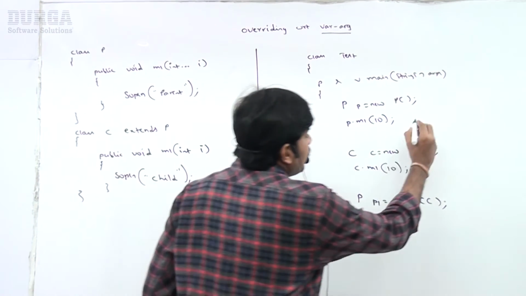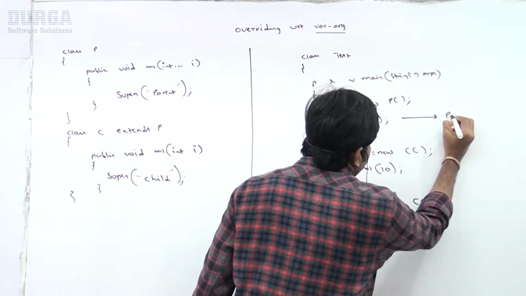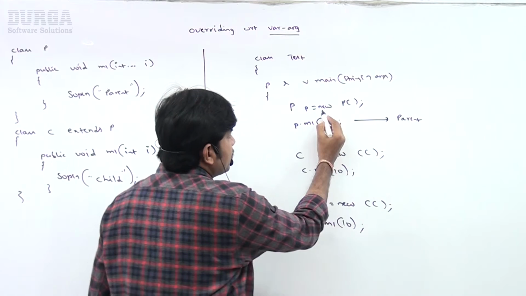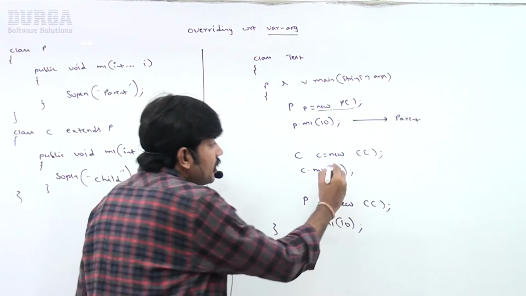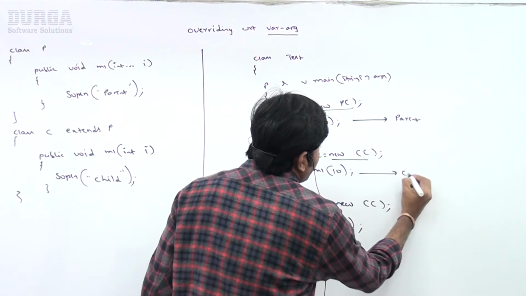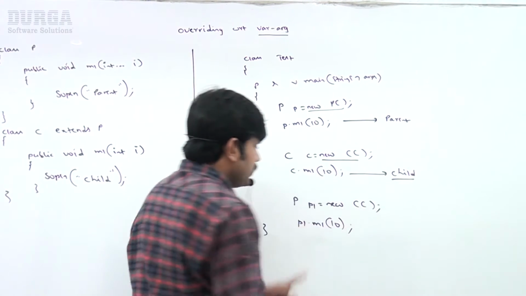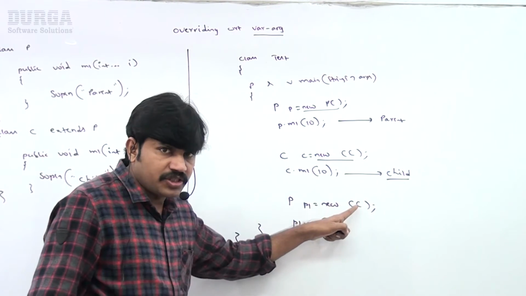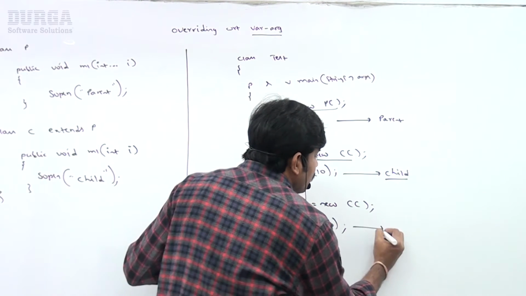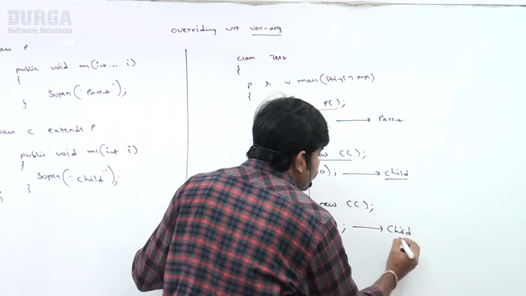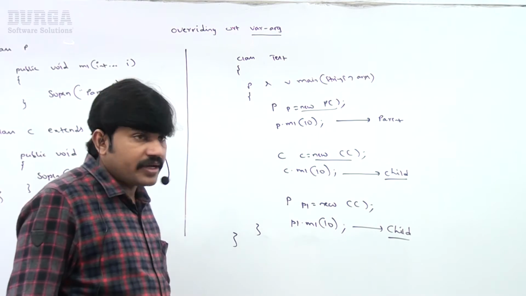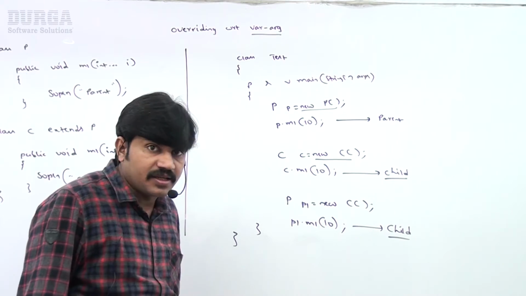That's why here it prints parent, because the runtime object is the parent object, and here child, because the runtime object is the child object. Next, here also the parent reference holds a child object, so based on the runtime object, the child method is going to get the chance.